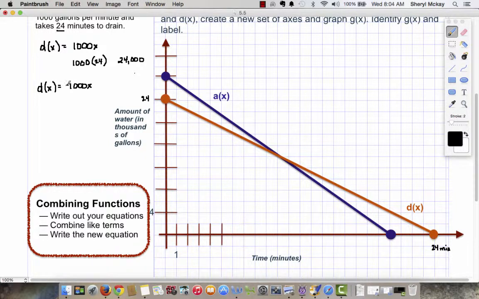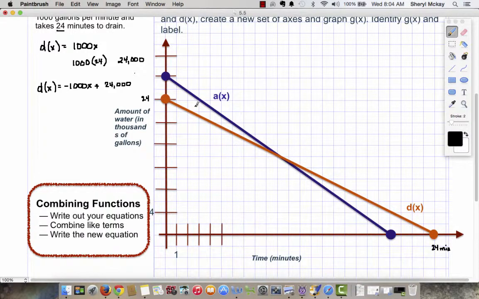And then I'm going to actually say this is a negative 1,000 because it's removing water. So it's a negative 1,000x plus the y-intercept, which we now know is 24, or 24,000. So I've just written an equation for this line.